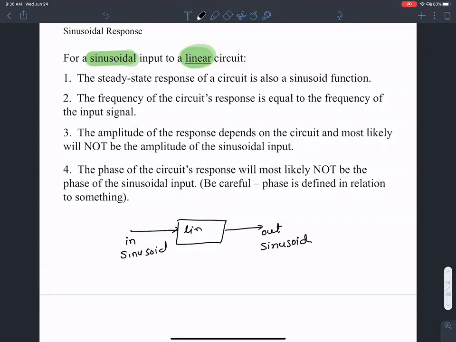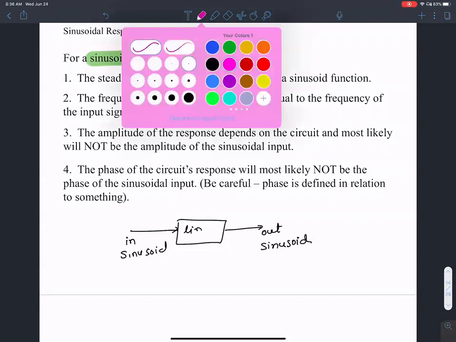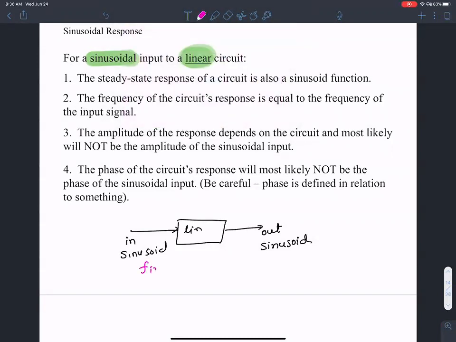Not only that, the frequency of the input is the frequency of the output.